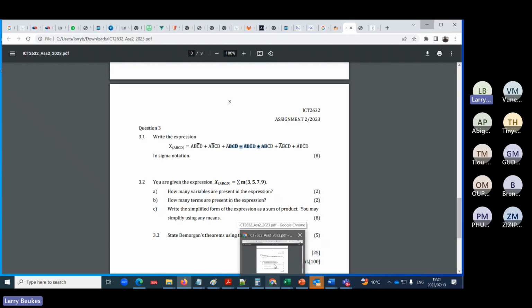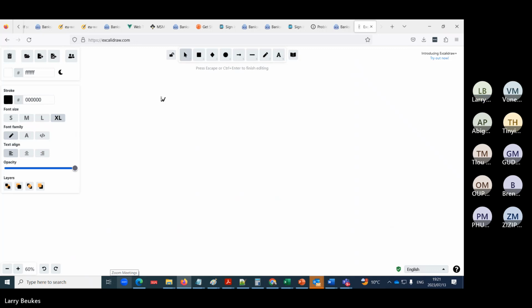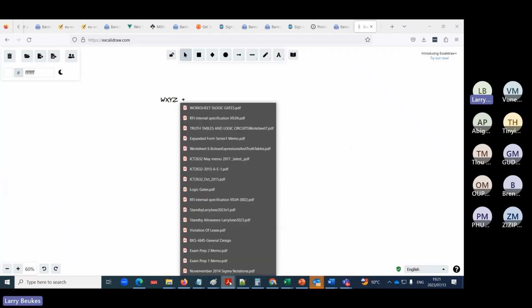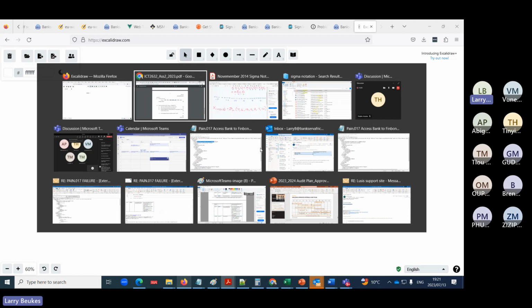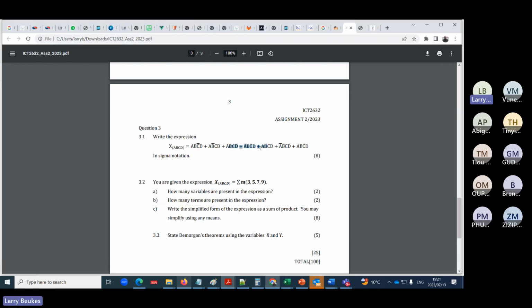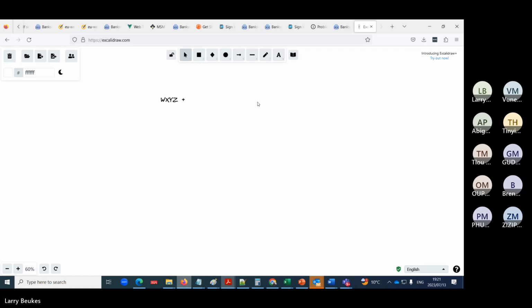Let's touch on Karnaugh maps quickly. So let's talk about Karnaugh maps. This had ABCD. Okay, so let's do your Karnaugh maps with ABCD.